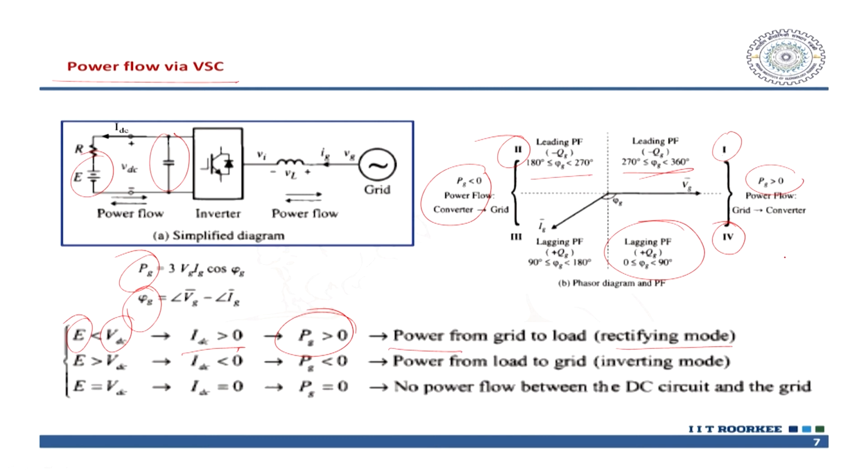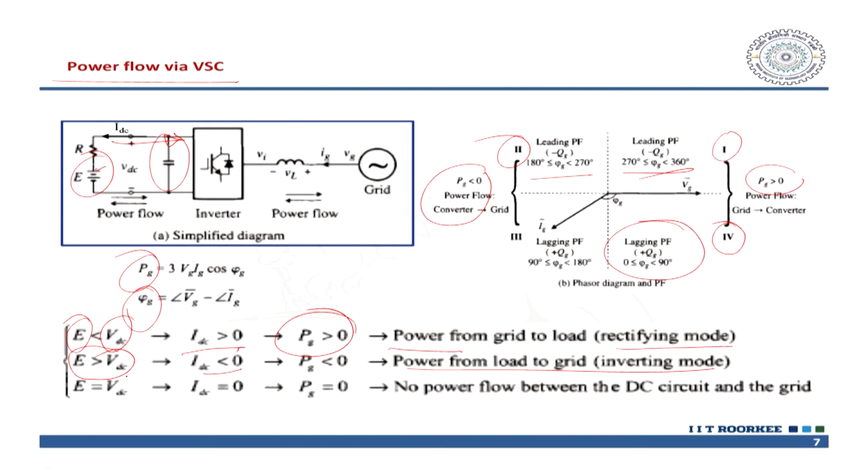Of course, we require to take a unity power factor operation. Same way, if E is greater than VDC, then IDC is negative, current is flowing in the other direction, and thus Pg is negative. So, it is in the inverting mode. Maybe this is not there in the case of the shunt active power filter, because it does not compensate the real power, and thus this concept does not arise, but it requires to boost up the DC bus voltage to some extent.